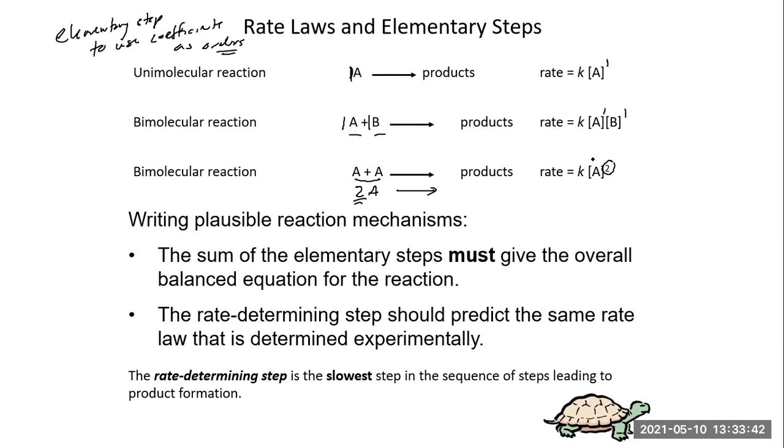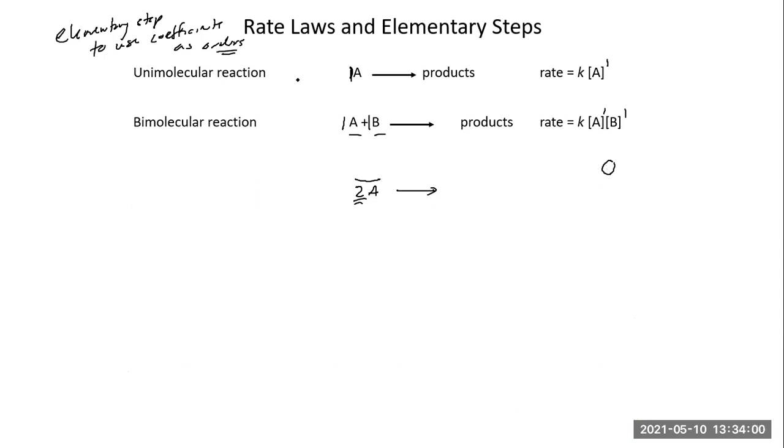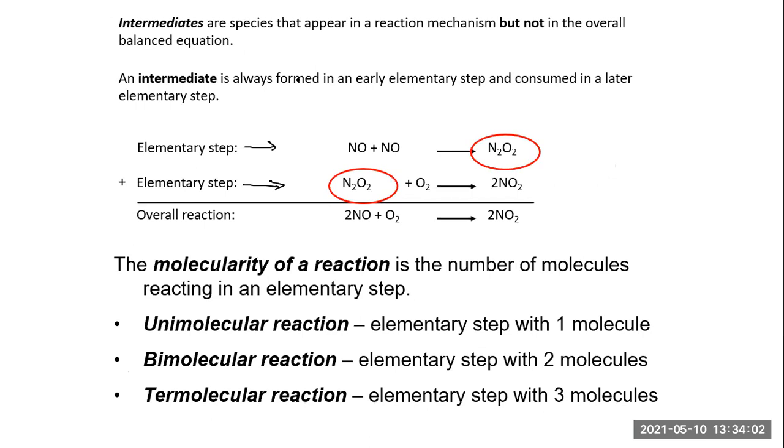The first one is pretty simple. When you add up all the individual elementary steps outlined in a particular mechanism, it needs to add up to the overall reaction you're dealing with. For example, on the previous page, when we added up these two reactions, we got the overall reaction.